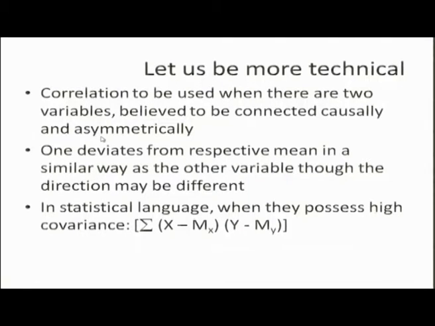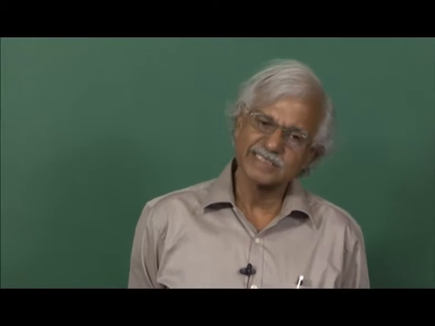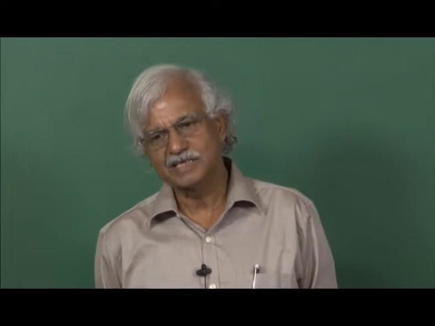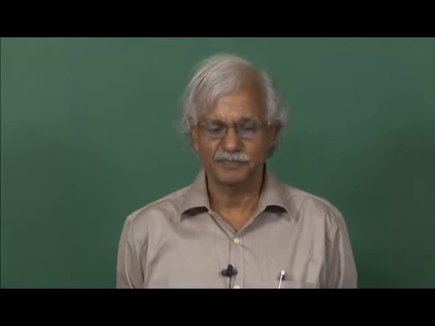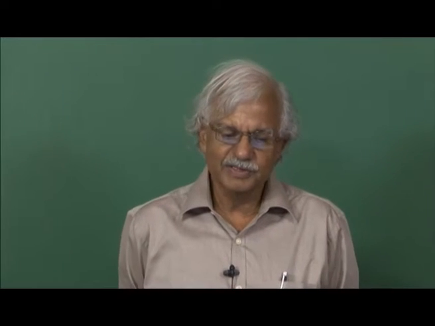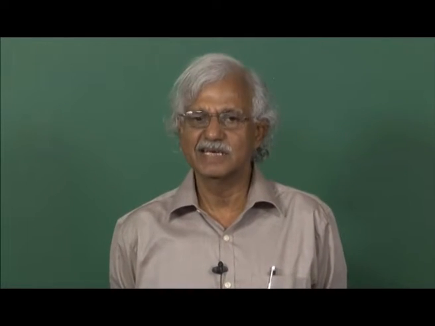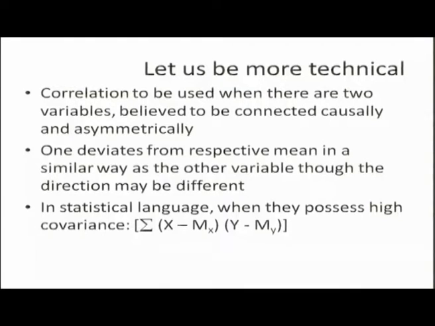The example of a symmetrical relationship would be the relationship between work status of women and fertility. Work status affects fertility, and fertility affects their work status. An example of an asymmetrical relationship would be the relationship between income of parents and education.